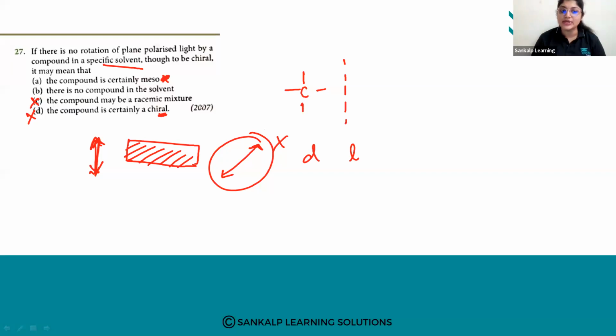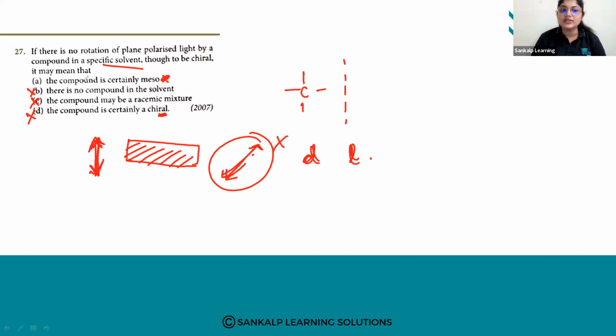If there is a racemic mixture, the plane will be rotated to the right for the D form and to the left for the L form. There is no compound in the solvent. This is also wrong, because without a compound, the plane polarized light will not be affected.